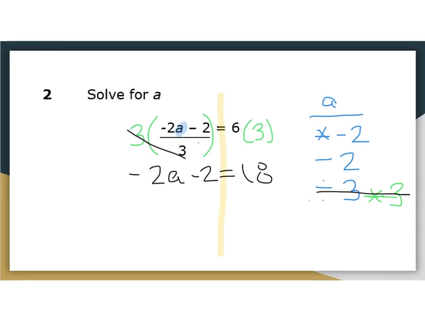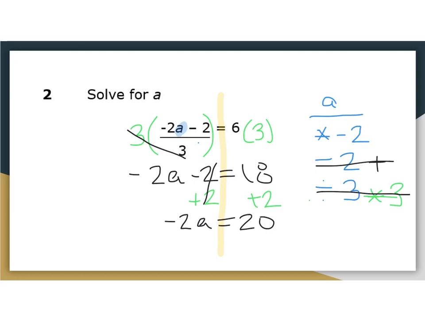The next part's going to be to get rid of that -2, and to do that we're going to use inverse. So instead of a minus, we have a plus, and then whatever we do on one side, we have to go back and do to the other side. This is going to make the 2's on the left cancel out, leaving you with -2a equals 20. This step is now gone, and then we're left with our final step.